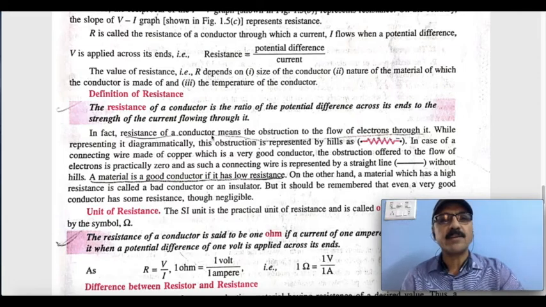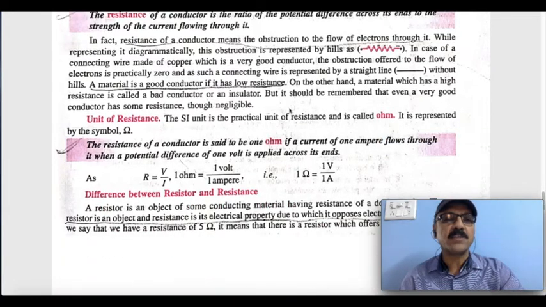Resistance of a conductor means the obstruction to the flow of electrons through it. It is the opposition to the flow of electric current. It is denoted by this symbol, and its unit is ohm.